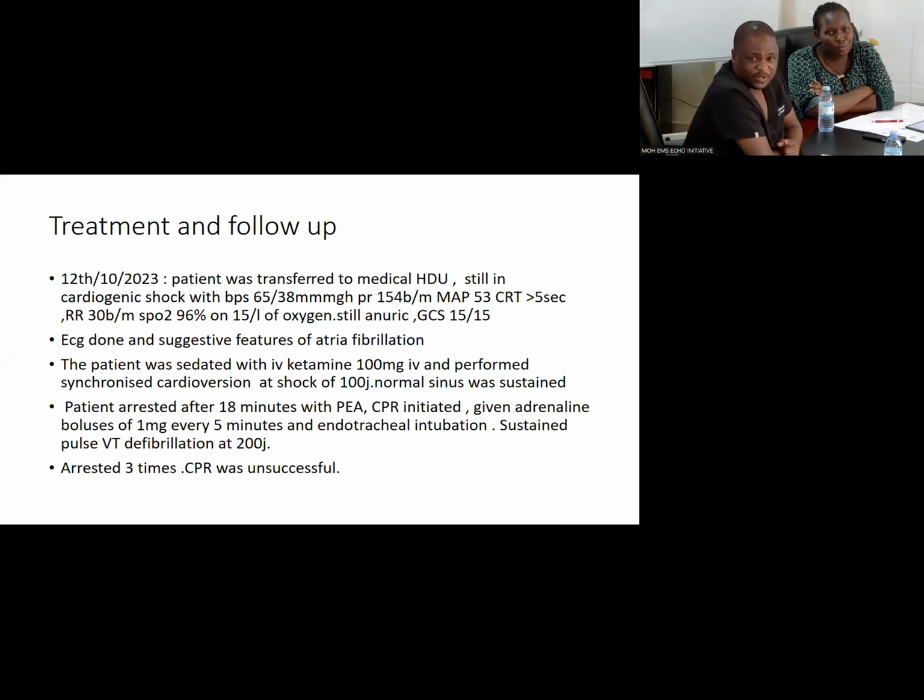However, we sustained a pulseless ventricular tachycardia. We defibrillated with a biphasic defibrillator at 200 joules. The patient arrested 3 times. Unfortunately, resuscitation was unsuccessful. We lost the patient.